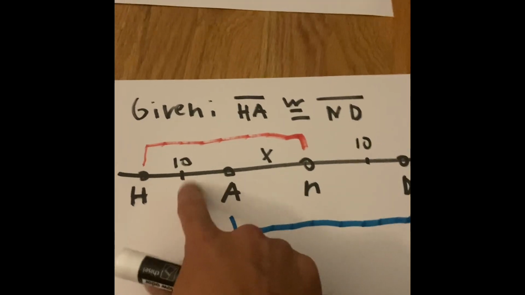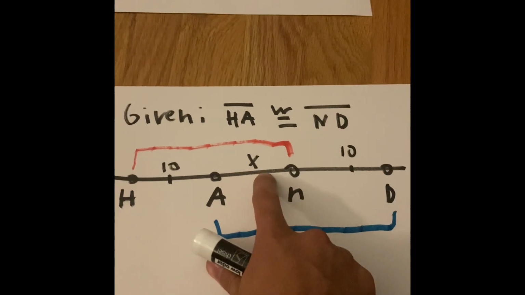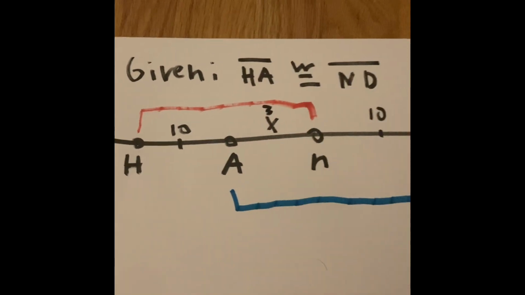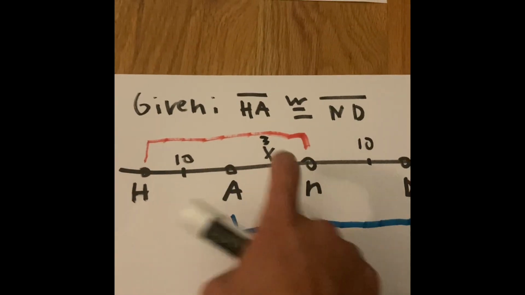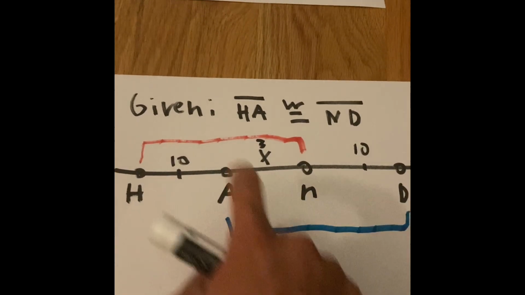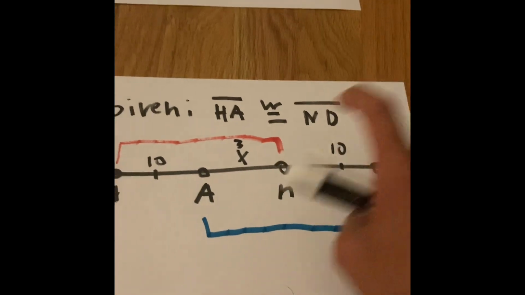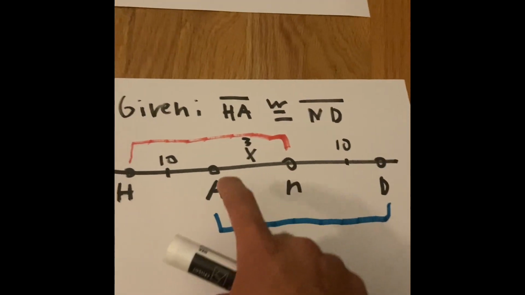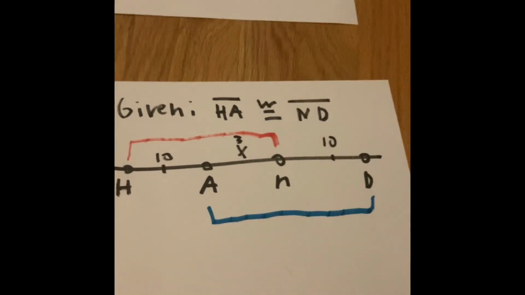If we did 10 plus x, it's going to be the same thing as 10 plus x. Let's insert a number for x. 10 plus 3 is 13, so HN is 13 units. And AD, 10 plus 3 is 13, so AD is 13 units.